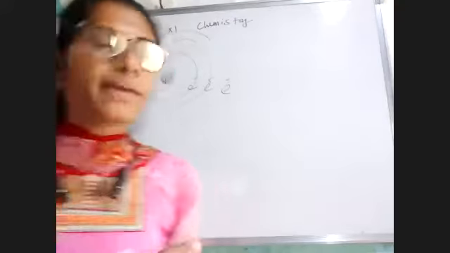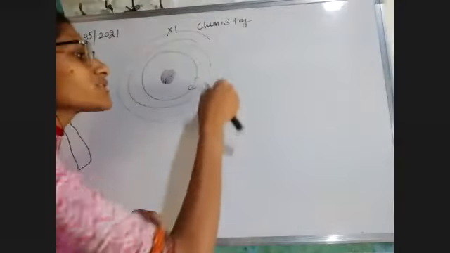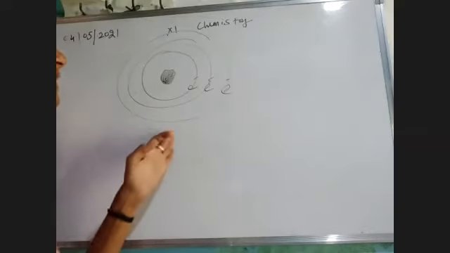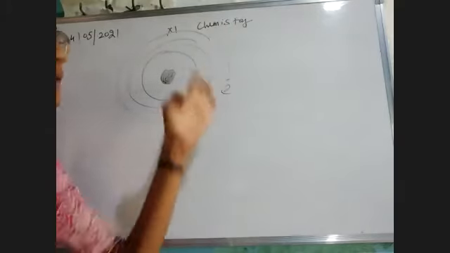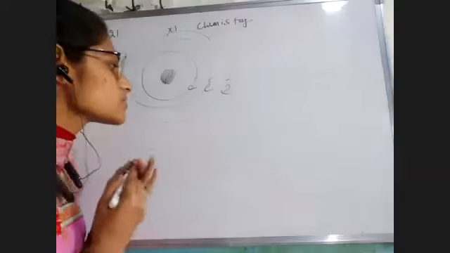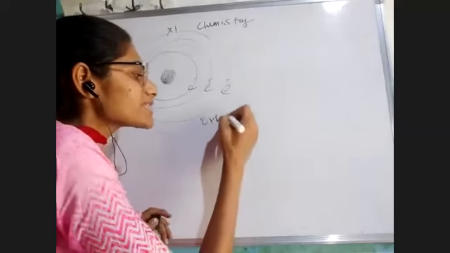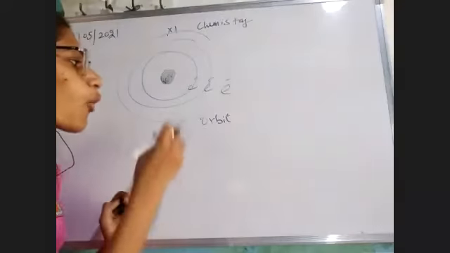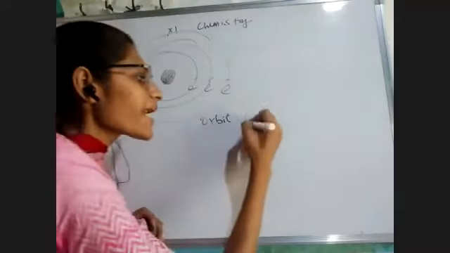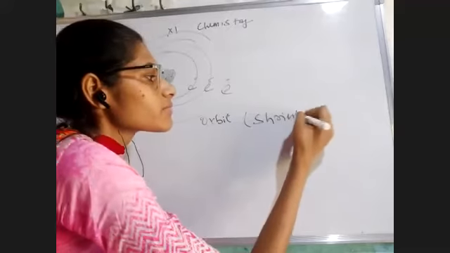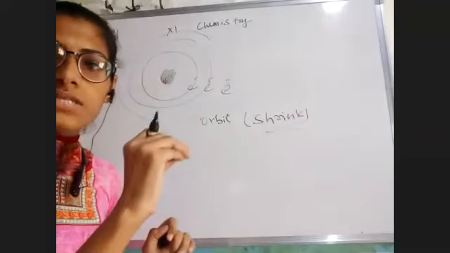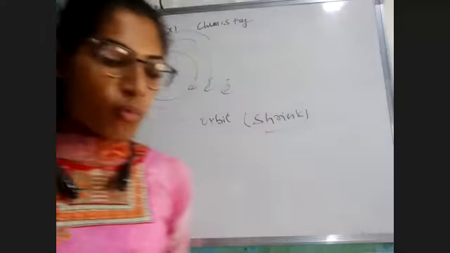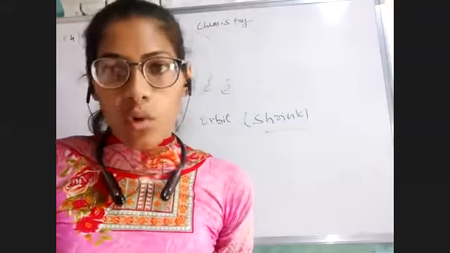So when electrons move, the orbit would lose its energy and shrink. That means it would start to disappear after some time. This was the first drawback which Rutherford could not explain.